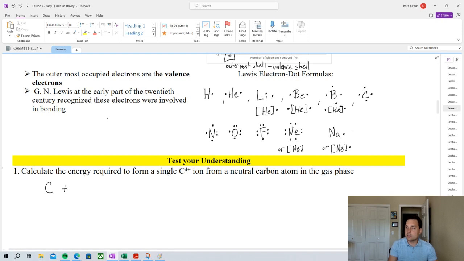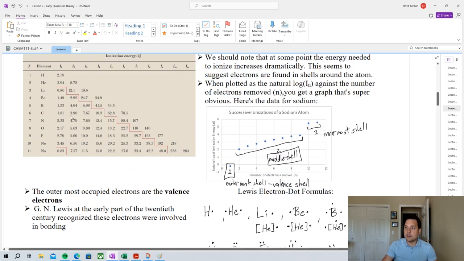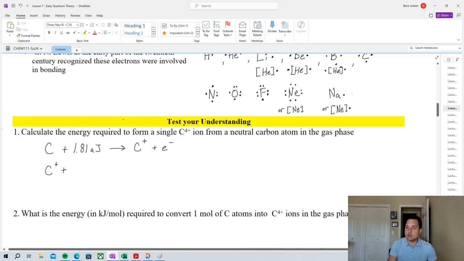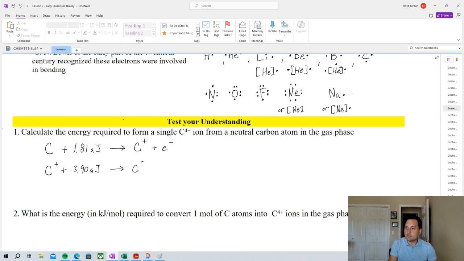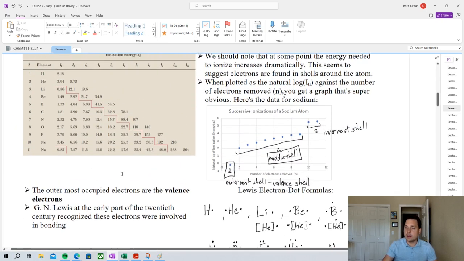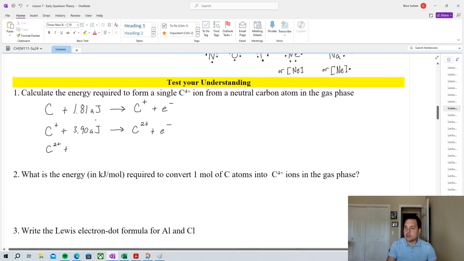So 1.81, and these are attojoules, will give us carbon singly ionized and the ejection of 1 electron. From there, we can ionize that ion further, and we now need to add 3.90 attojoules. And then we ionize it one more time, 7.67.